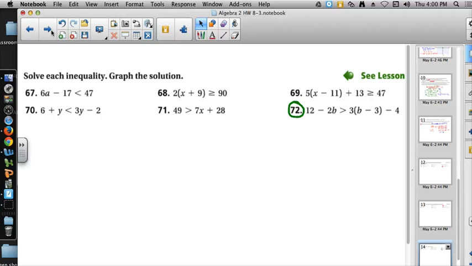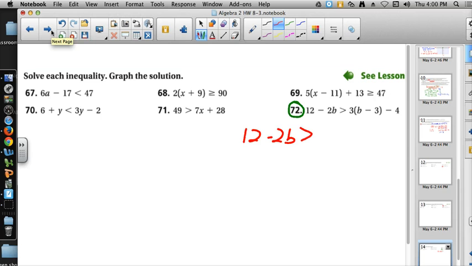Then these problems 67 to 72 are graphing on a number line, and I thought that might mess with some people, so I thought I'd better do one of these. So 12 minus 2b is greater than, go ahead and distribute that, 3b minus 9 minus 4. So 12 minus 2b is greater than 3b minus 13 by combining like terms.